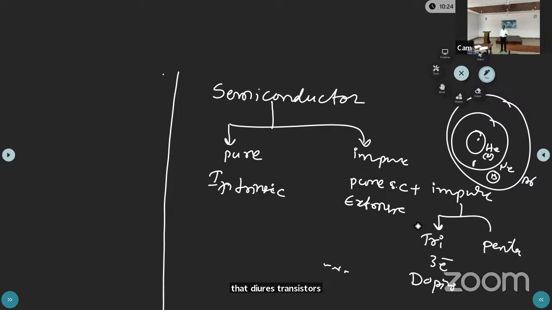Integrated circuits are in the mobile phones you are using, with 16 GB RAM and 64 GB read-only storage memory. These electronic devices use extrinsic semiconductors.